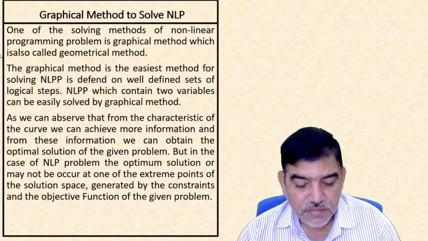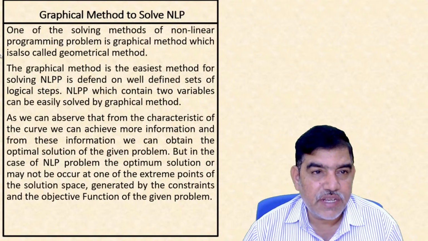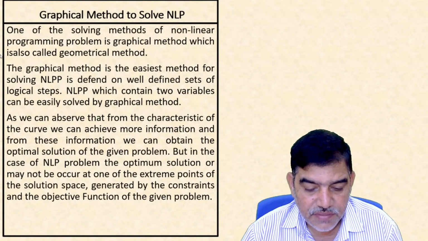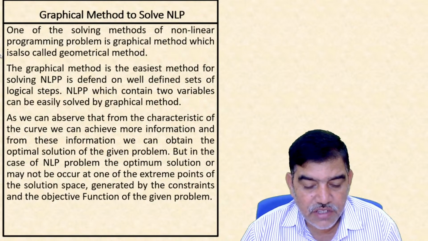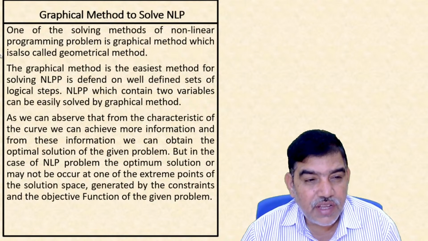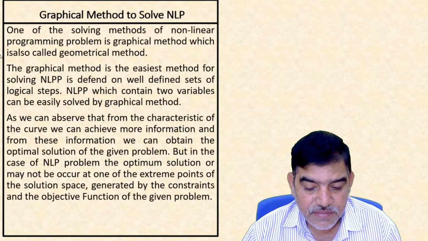And what is actually a concave and convex function? Let us consider a function f of x, or an objective function I mention as f of x1, x2 up to xn.